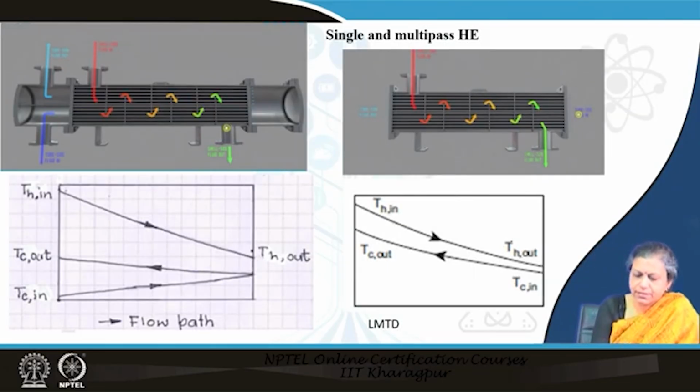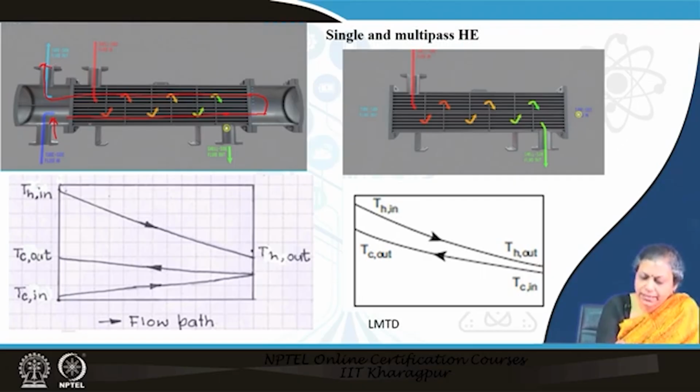Say for instance, in this case, it has been repeatedly told to you that you can have the tube side entry and the shell side entry both at one end, or you can have them at different ends as well. In this particular case, the tube side fluid is entering here, it is going like this, then it is going there, it is coming out, it is coming in this way, and then it is going out.